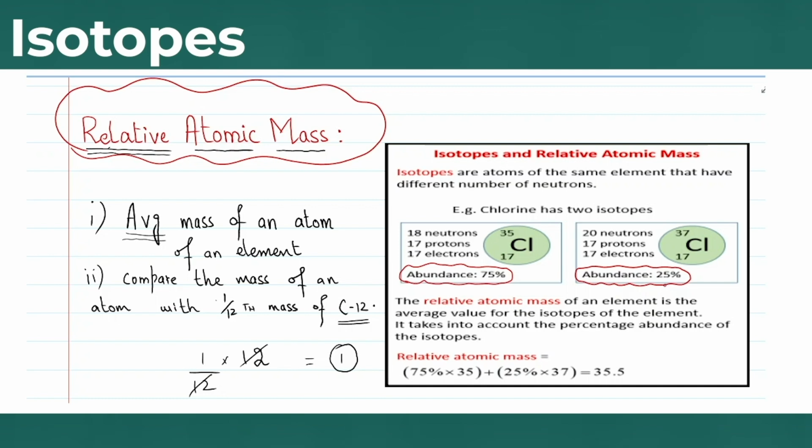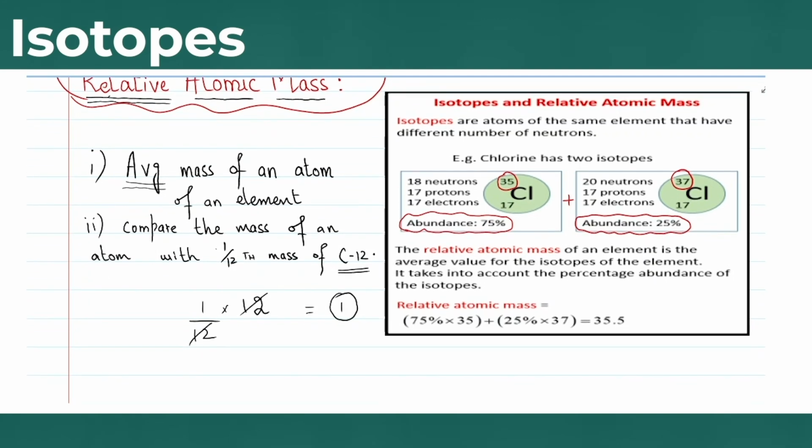So we take this abundance and its mass. What is mass? The sum of protons plus neutrons. Abundance multiplied by its mass plus abundance multiplied by its mass. And we are talking about the percentage abundance, not just the abundance. Okay? 75% multiplied by 35.